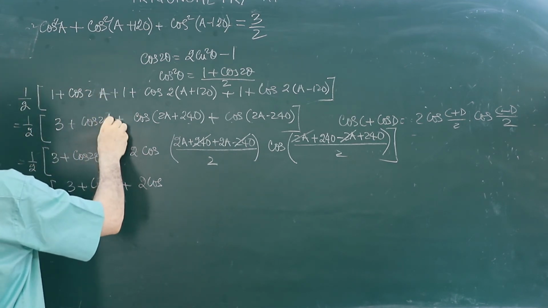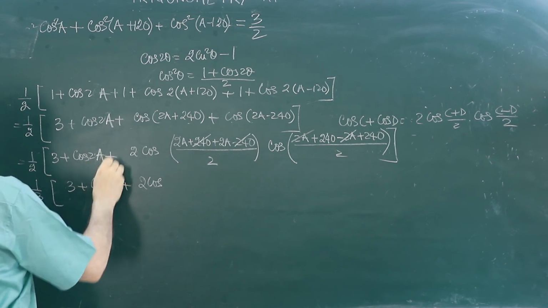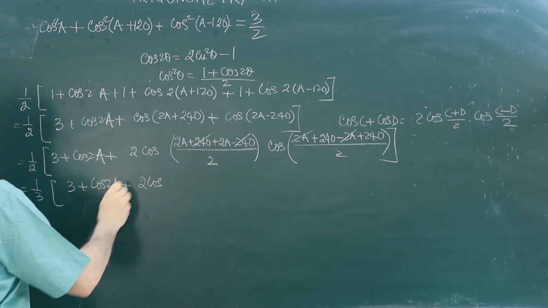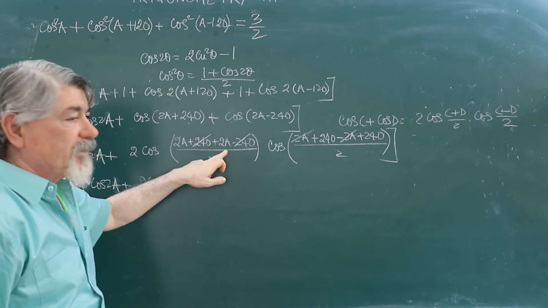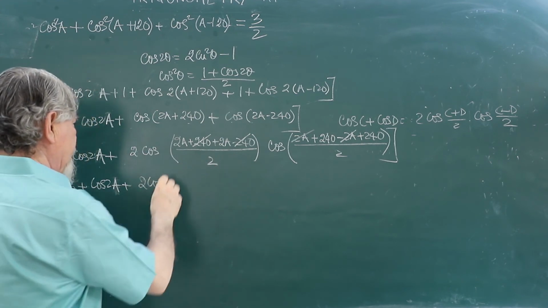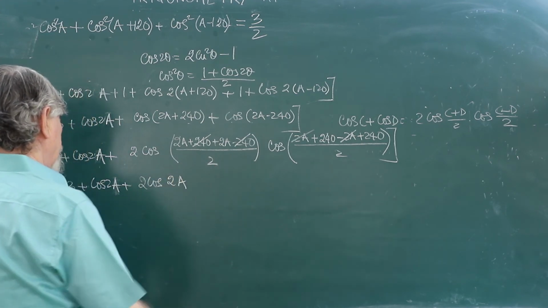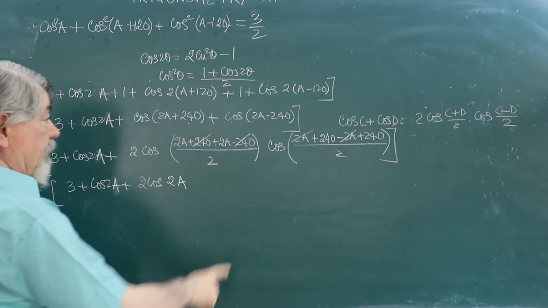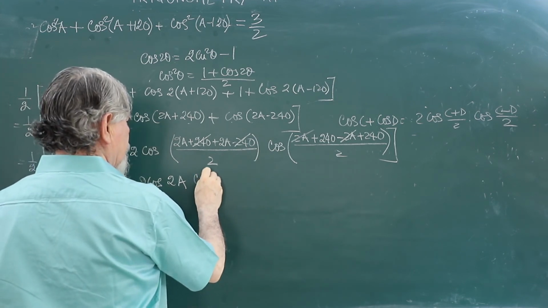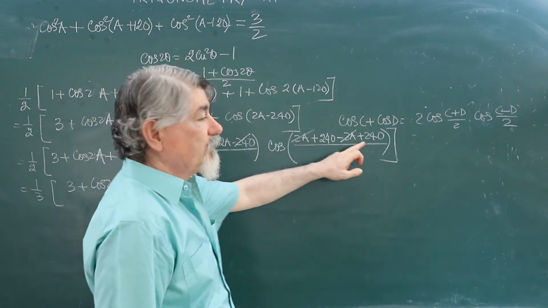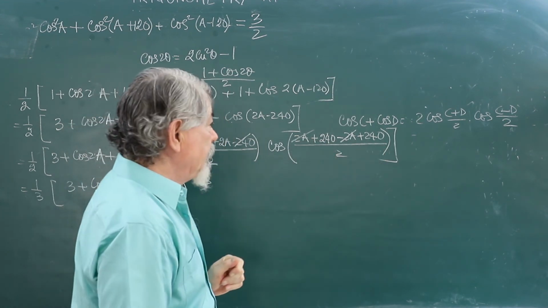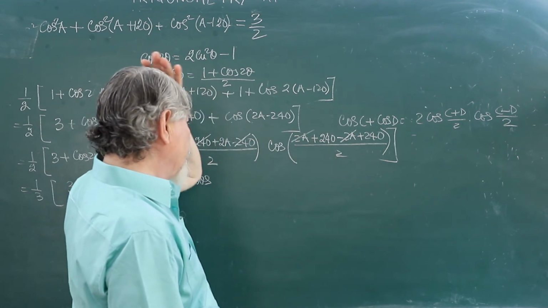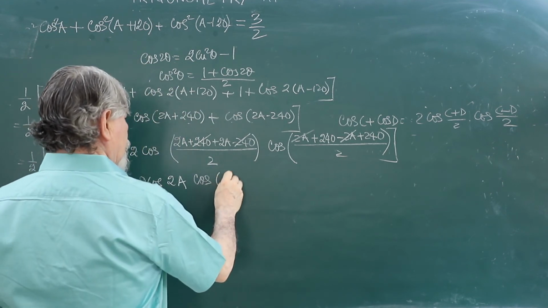Everywhere it is a. So 2a plus 2a is 4a, 4a upon 2 will be cos 2a. And this will be how much? Cos, 240 plus 240 will be 480, 480 divided by 2 will be 240 only. Cos 240.